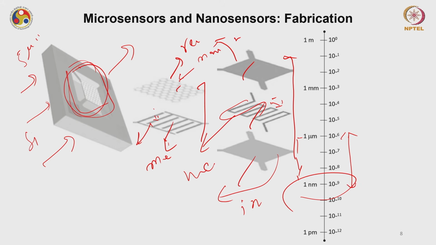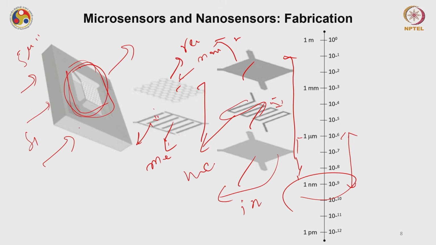So fabrication of these layers as well as the complete chip is very crucial, and they are manufactured inside a clean ambient.